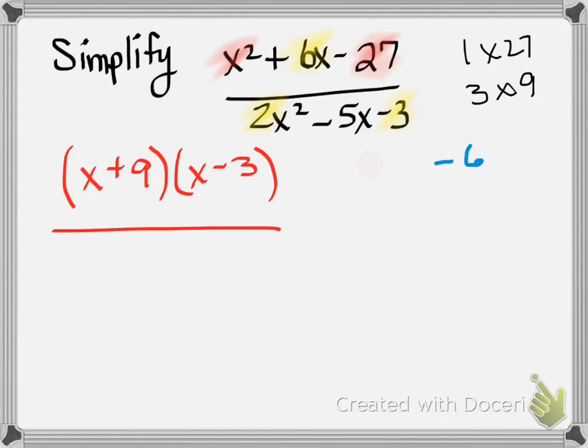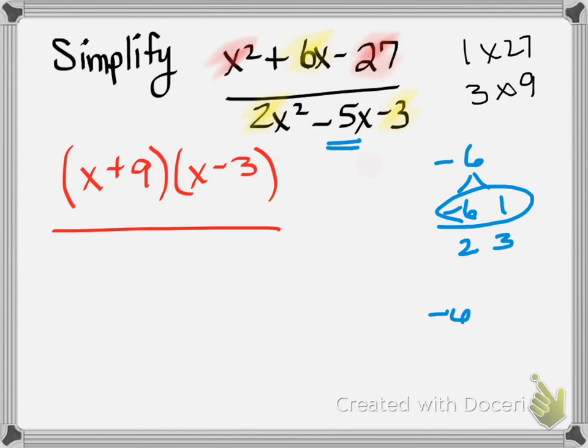Now the factors of negative 6 are 6 and 1, or 2 and 3, and either one of those could be negative. Right off the bat, I see that negative 6 and 1 will give me that middle term of negative 5.